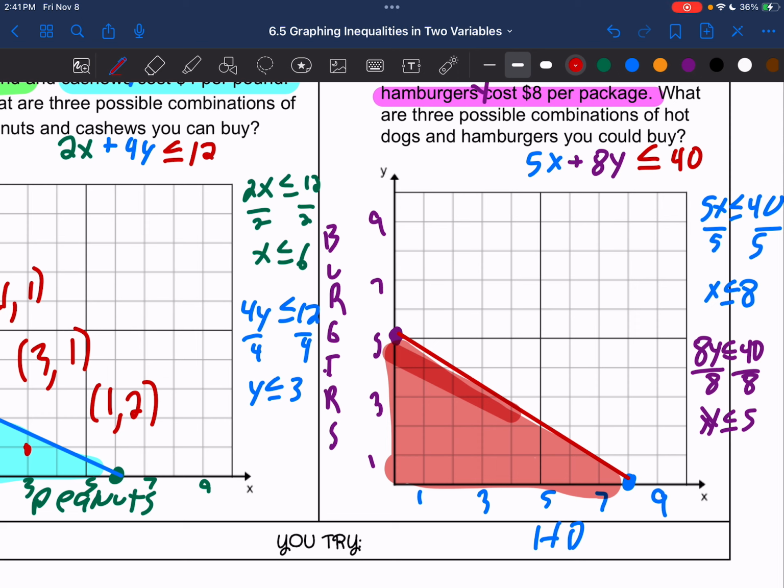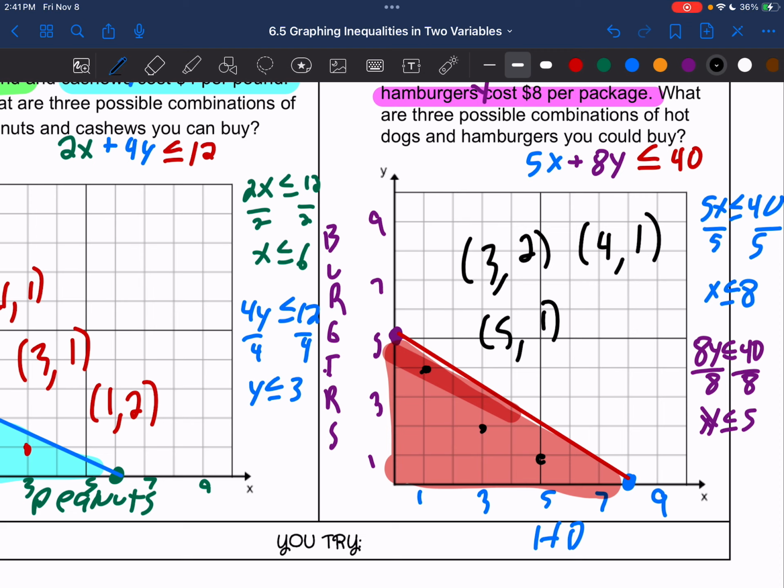So that is our graph, and you can pick any 3 ordered pairs that you want on the inside of that graph. So we could say, let's do 3 hot dogs and 2 burgers. We could do 5 hot dogs, 1 burger. We could do 4 burgers and 1 hot dog. Right? Those are all possible combinations of packages that you could get.